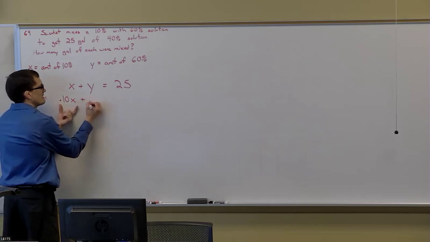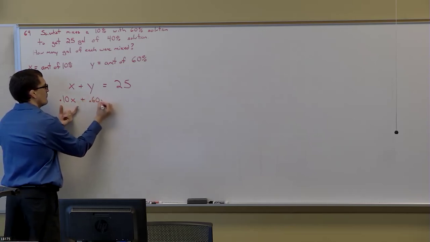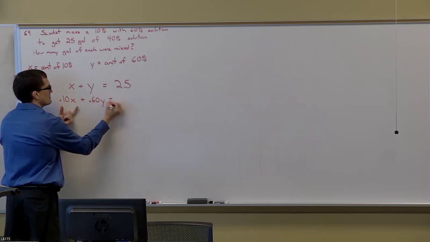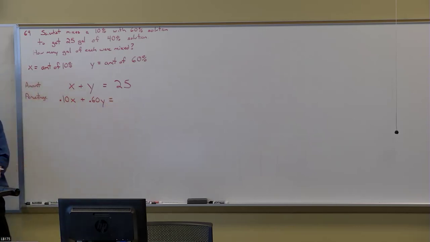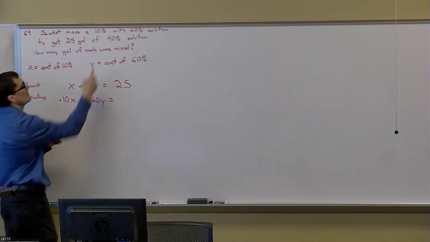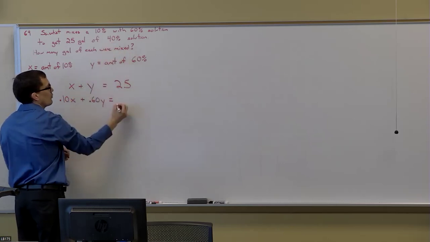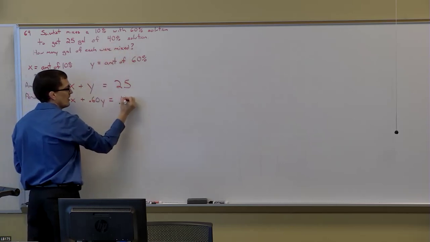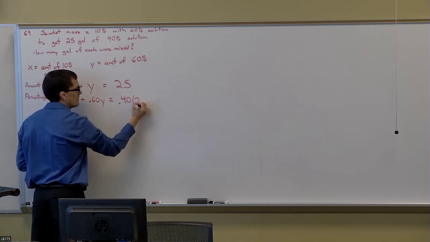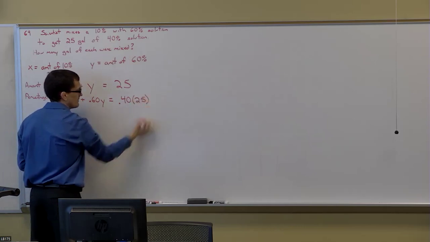If I take 60% of Y, that's how much saline is going to be in the Y part. The amount of saline in the total is 40%. 40% of what? Well, 40% of the 25 gallons.